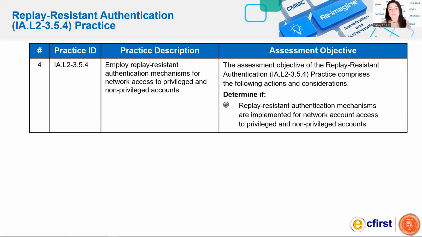Replay-resistant authentication. Employ replay-resistant authentication mechanisms for network access to privileged and non-privileged accounts. So determine if the mechanism replay-resistant authentication is implemented for network account access to privileged and non-privileged accounts.